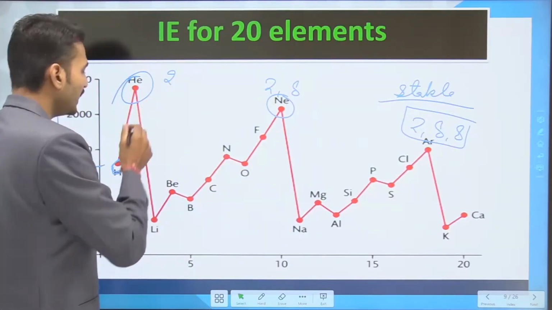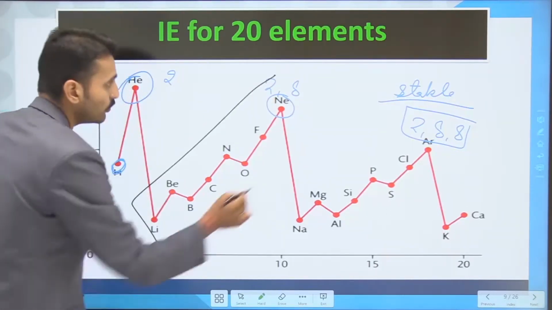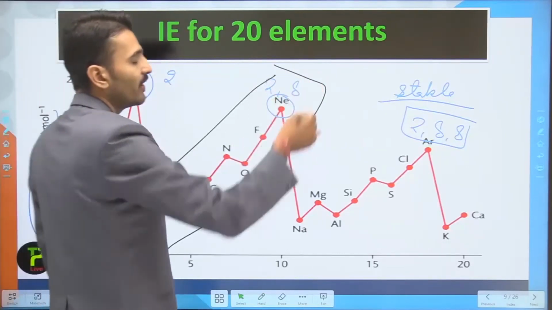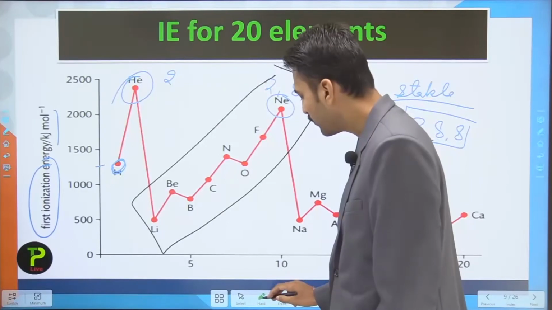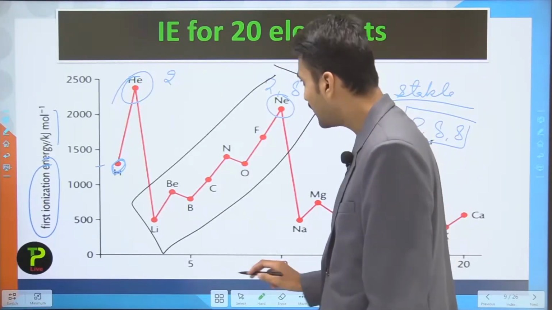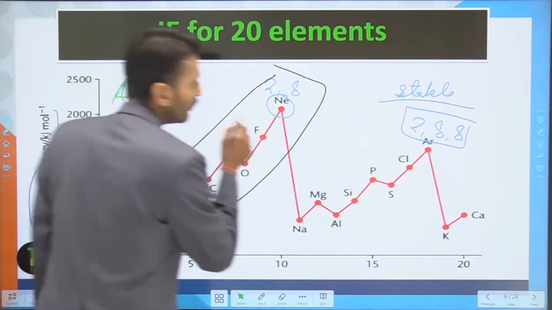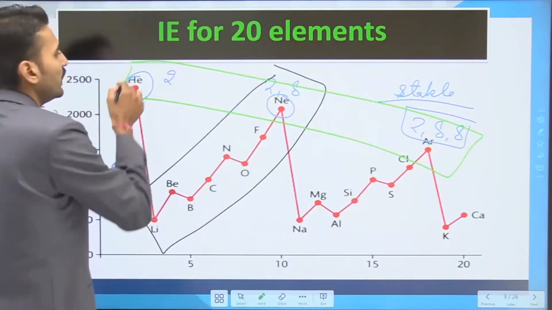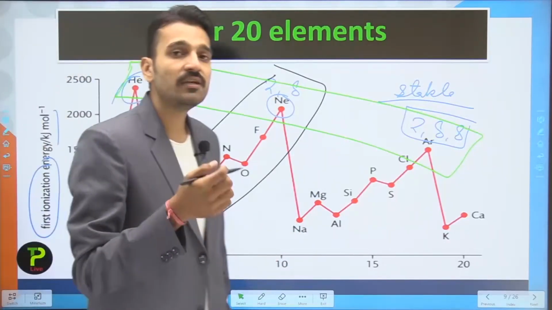So you can see that in a particular period, just for an example, from lithium to neon, the ionization energy keeps on increasing as we move across the period. And from helium to neon to argon, the trend of ionization energy keeps on decreasing.